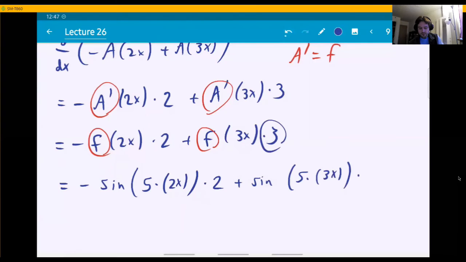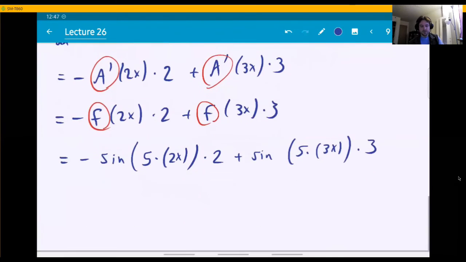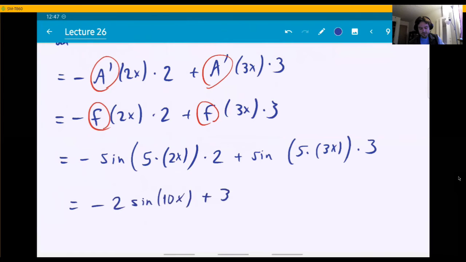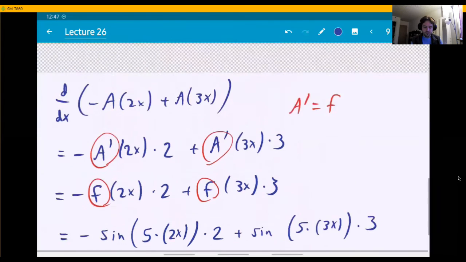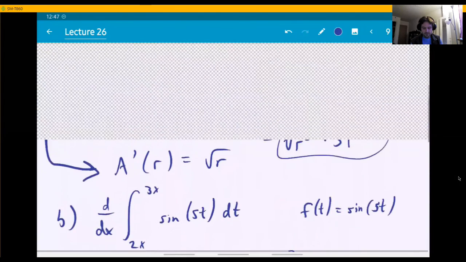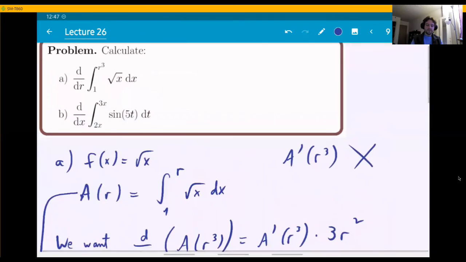And another times 3 in front. So let me just put all this together. You're going to have minus 2 sine of 10x plus 3 sine of 15x. This is the derivative of the given expression. Where is it? Yeah, here.